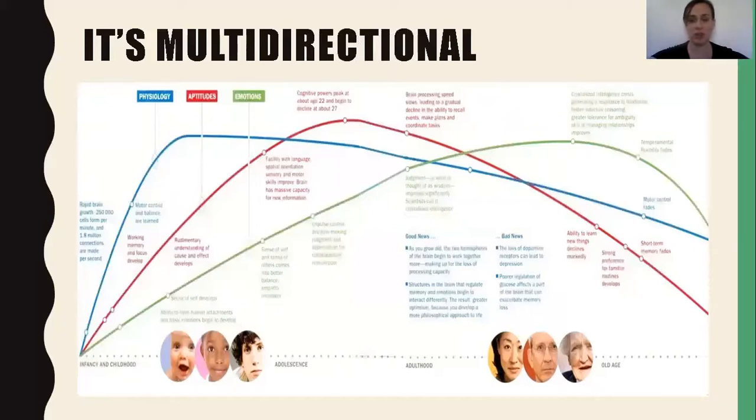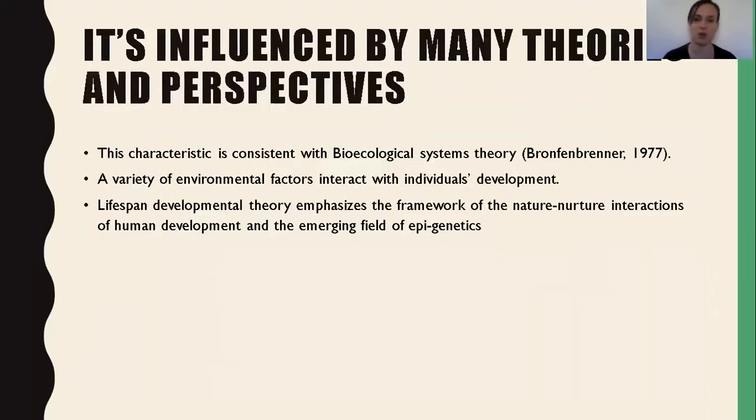It doesn't follow each other on its own path because our domains are really different, and it's really influenced by where we are in our lifespan, and also our temperament and our ability to want to keep up. And we're also influenced by many theories and perspectives. Today, this is based on the ideas of Urie Bronfenbrenner, who pioneered this idea of bioecological systems. We have an entire class on that here at Cal State.